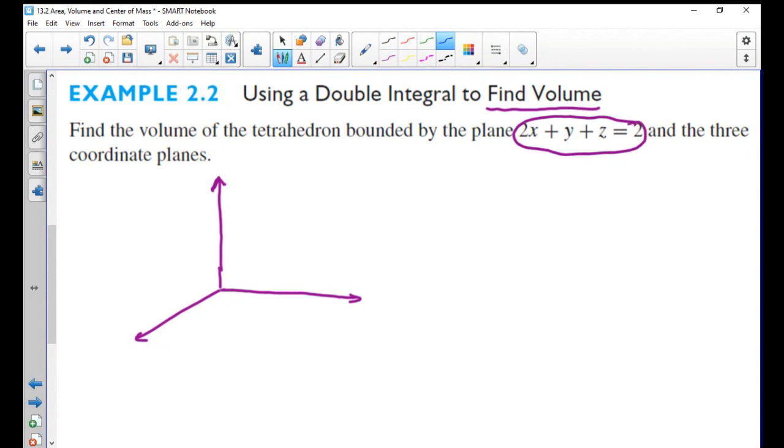Now, to graph this plane, I can look at its intersection with the axes. For example, at what point will it cut the x-axis?